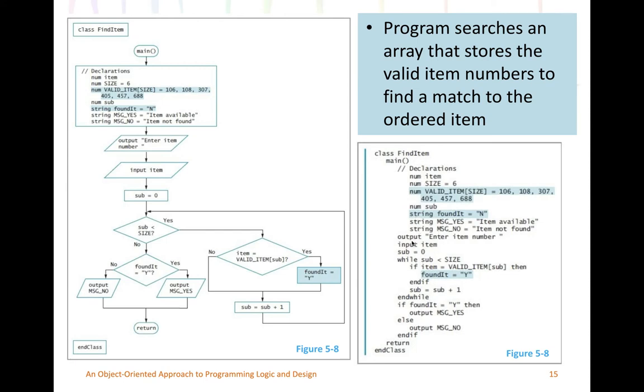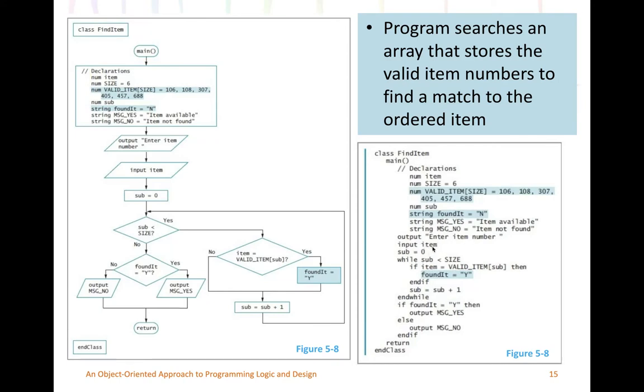Then the first thing they do is they prompt the user to enter an item number. So the user is going to enter an item number, and this program is going to search the array to determine if that item was found or if it's available. So enter the item number.